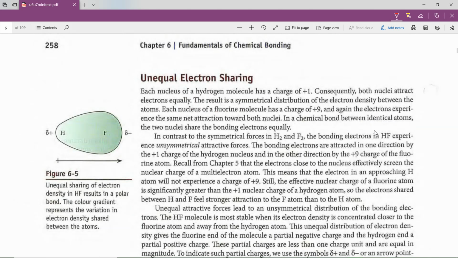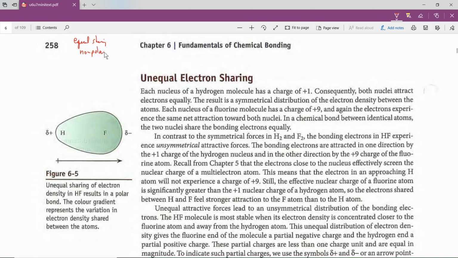Now, what we drew there so far is hydrogen and fluorine. Those are examples of equal sharing of the valence electrons when we form the bond. When you have equal sharing, you say that the bond is non-polar.